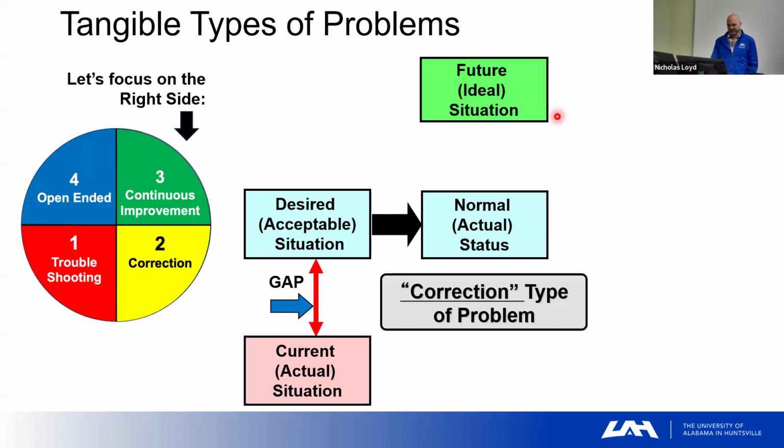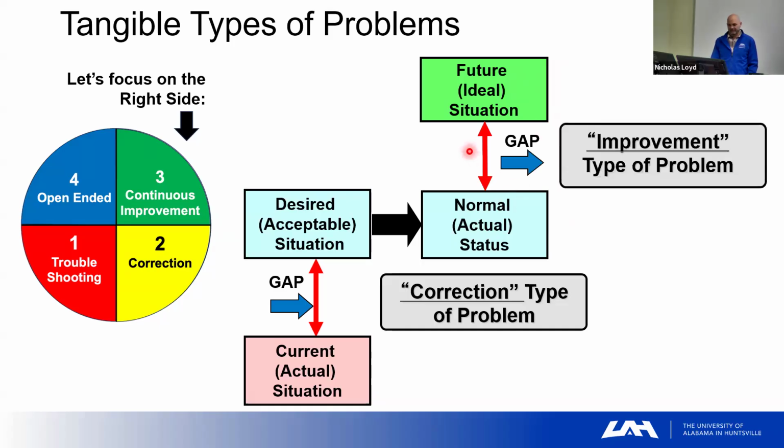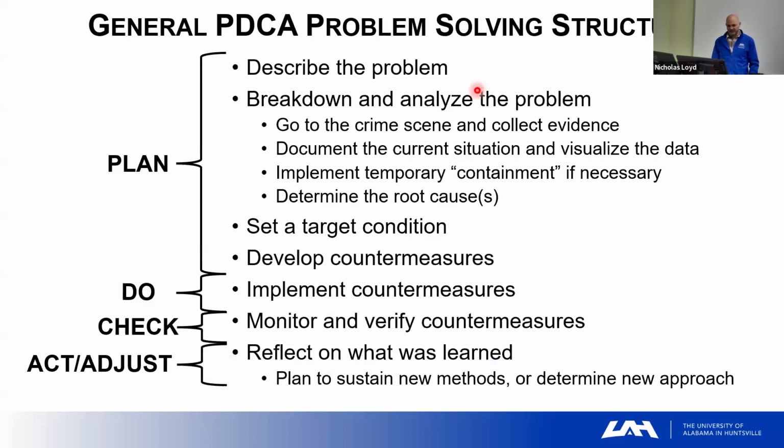That's what strategy is. That's also a gap, but it's not a correction gap from underperforming. It's raising our ability to perform at a high level. Either way, there's a current situation, a desired level of performance, and a gap, and that's what problem solving is.